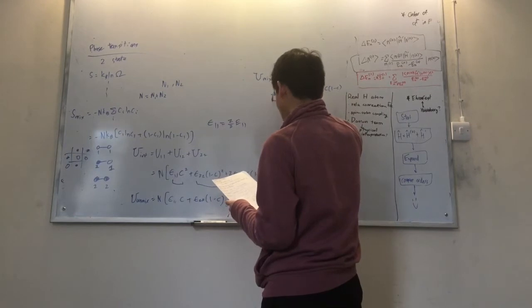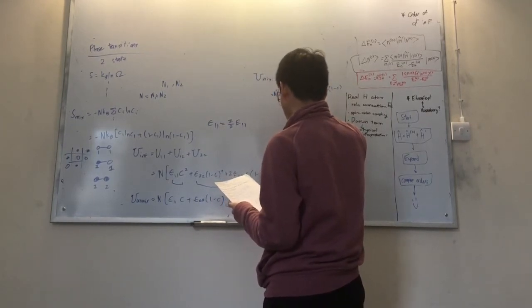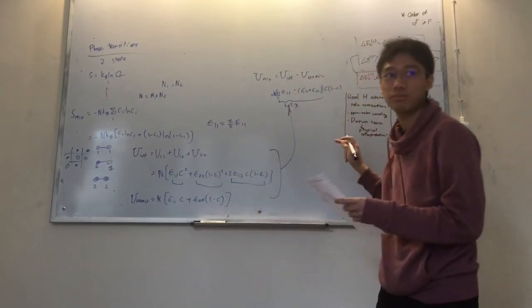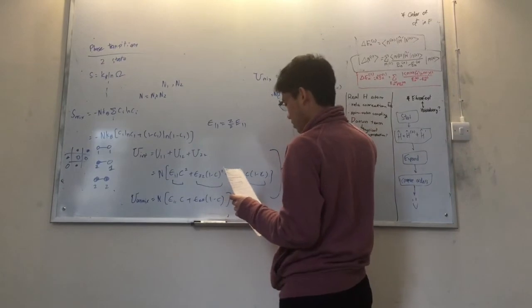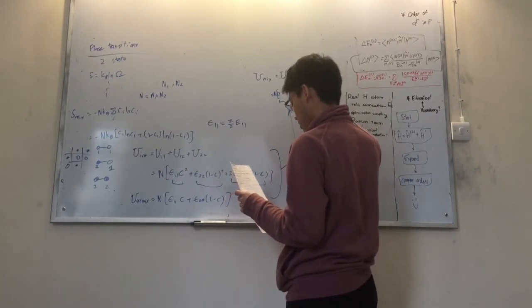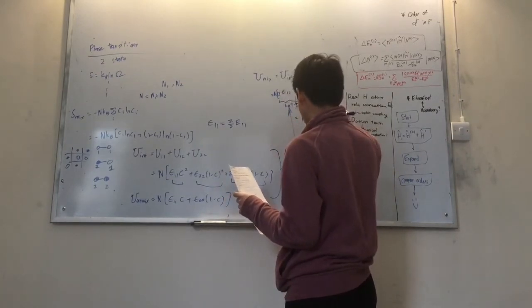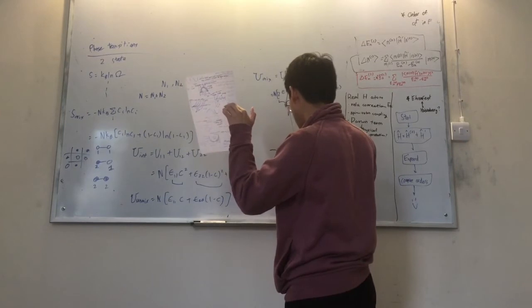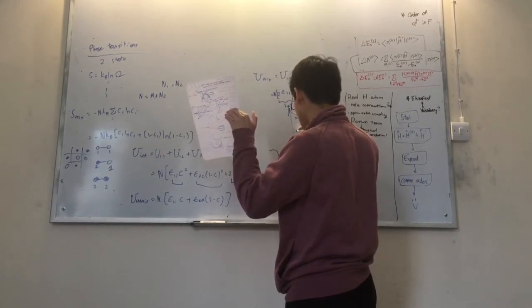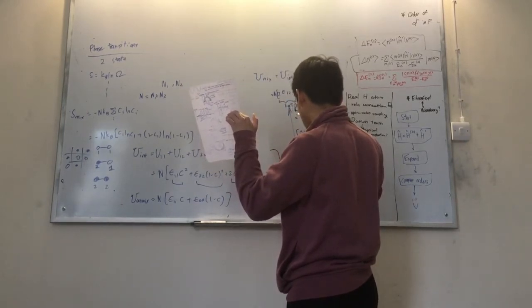Call this kBT multiplied by chi, which is the Flory exponent in soft matter. Then this becomes n kB T chi c (1 minus c). Briefly, we note that for this to be dimensionally consistent, chi must have dimensions of 1 over temperature.